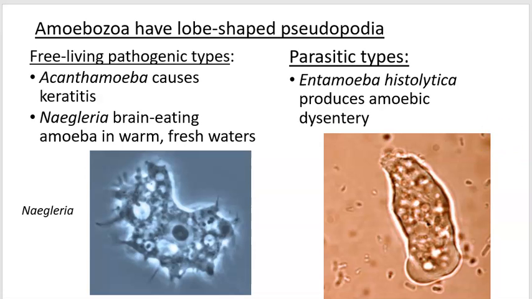Those cysts can be transmitted to other people where we digest off that outside covering and release our trophozoite, which is your amoeba that can actually cross the wall of your intestines, and thus the name: histo is tissue and lytica is lysis or breaking. So this intestinal amoeba will actually break your tissues apart, and that's part of what causes that dysentery or diarrhea.